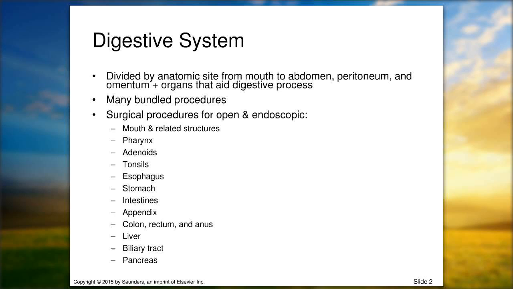Some of the organs that aid the digestive process are included in this subsection, such as the pancreas, the liver, and the gallbladder. What you also find in these subsections is the abdomen, the peritoneum, the omentum, and the hernias.